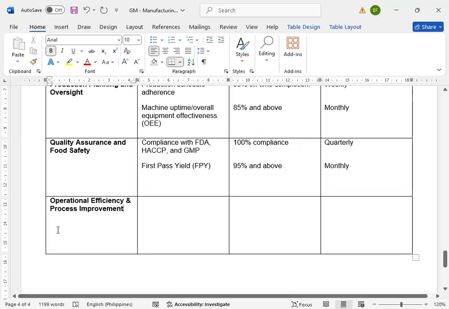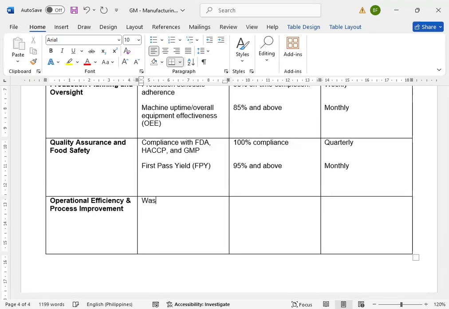So, what are the KPI metrics for this? Okay, waste reduction. There should be no waste, and waste will always add to cost. Cost to produce, CTP. The cost to produce will increase if you have lots of waste, lots of spillages, things like that.